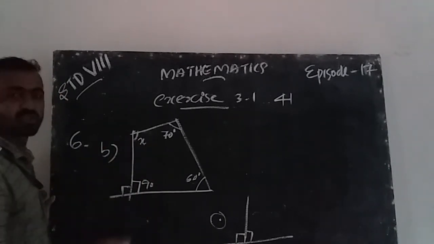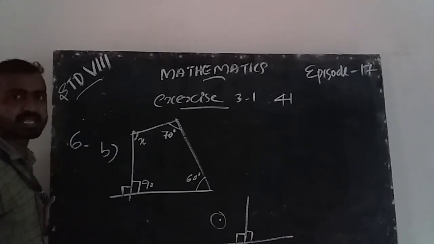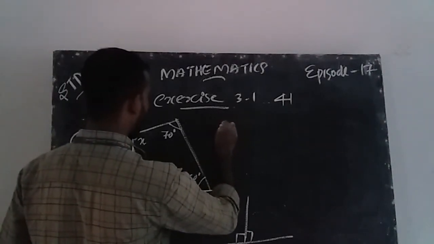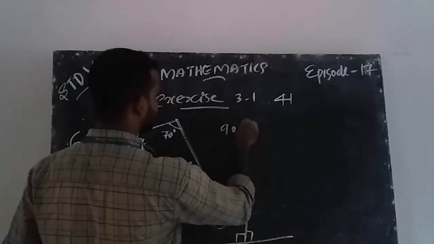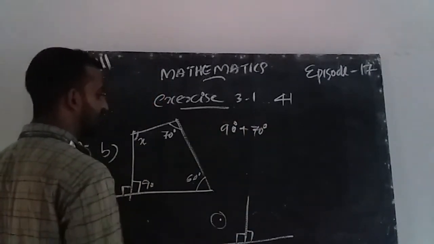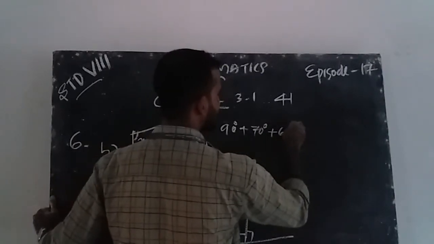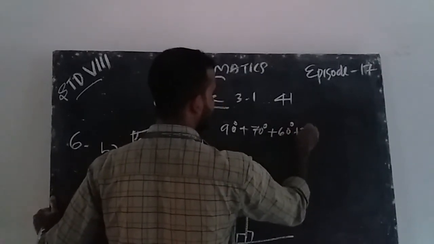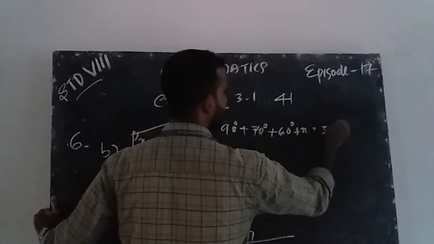Next we want to find x. Here also the angle sum is 360 degree. So we can write 90 plus 70 degree plus 90 degree plus 70 degree plus 60 degree plus x equal to 360 degree.